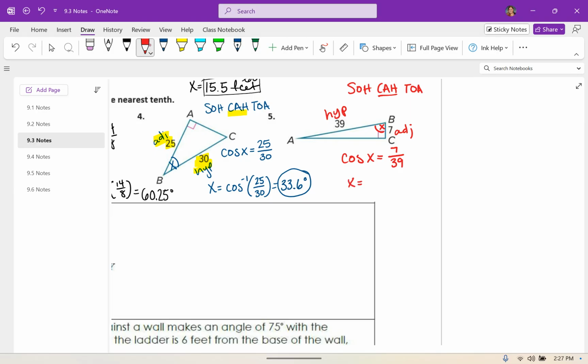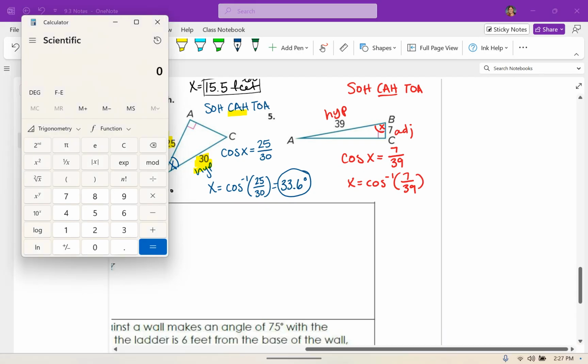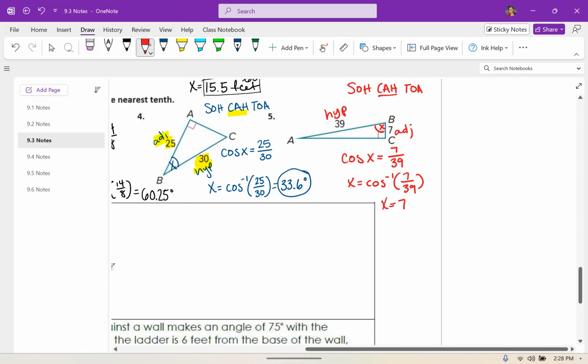So x equals inverse cosine of 7/39. 7/39 is this number. Inverse cosine, so 79.66. So x equals 79.7 degrees.